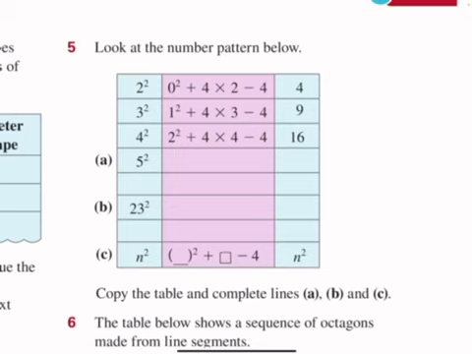Well, it's 0 squared. You don't add 4 and then multiply by 2. You do 4 multiplied by 2 and then you add 0. Remember BODMAS, multiplication goes before addition and subtraction. And after you're done, you subtract 4.